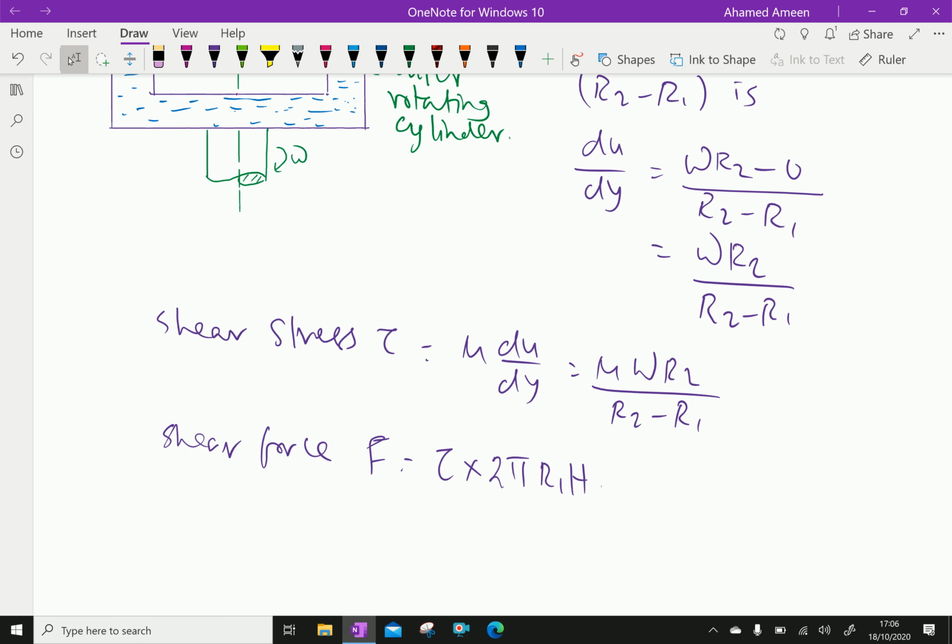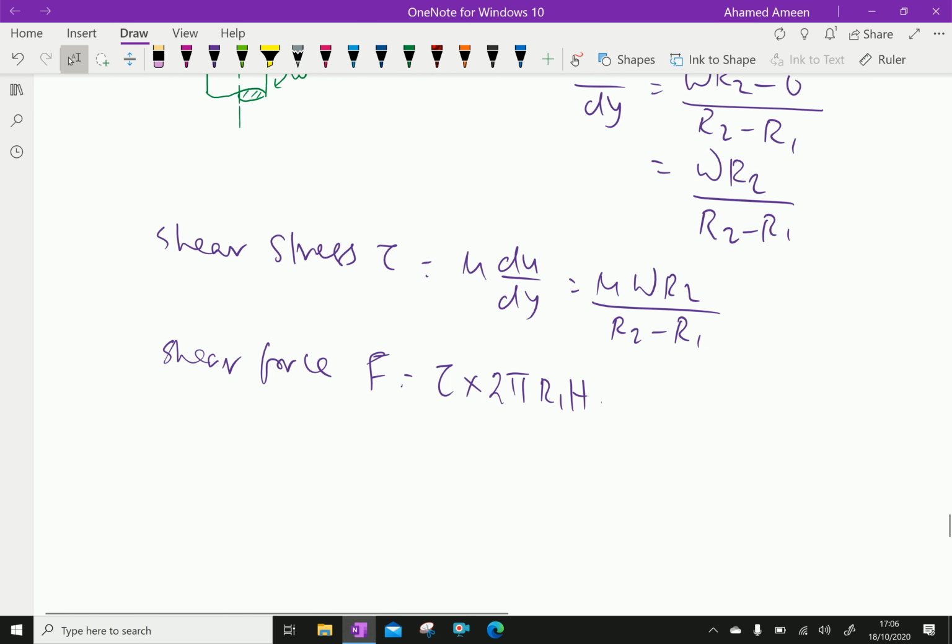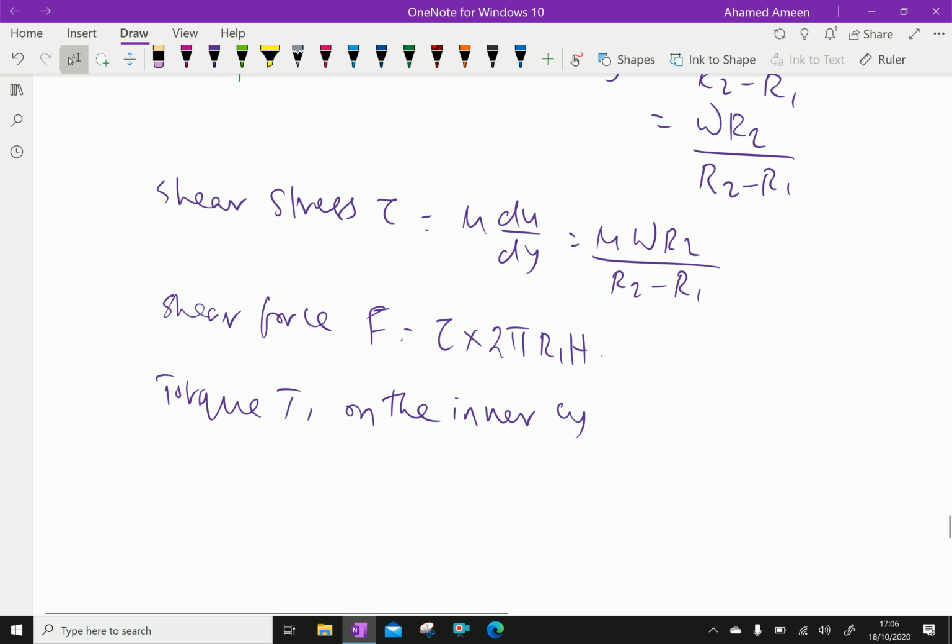Next, the torque T1 on the inner cylinder due to the shearing action of the liquid in the annular space is shear force into radius.